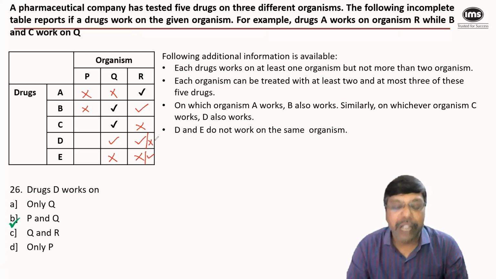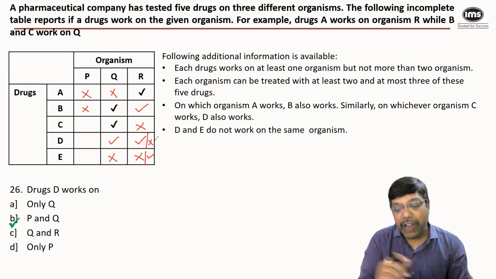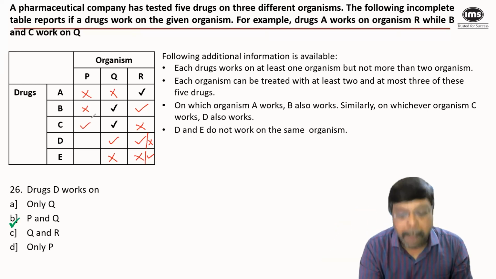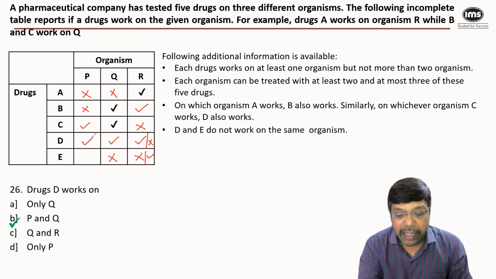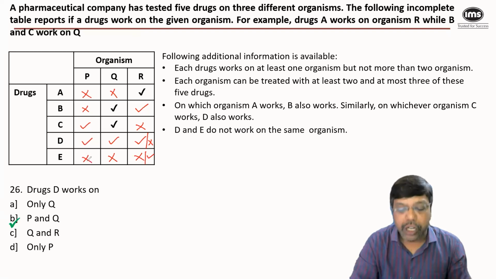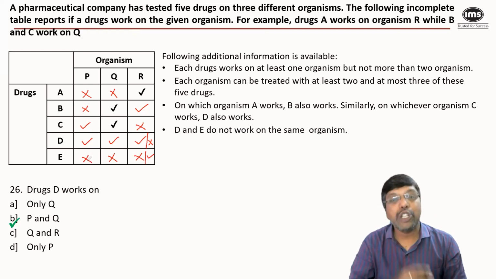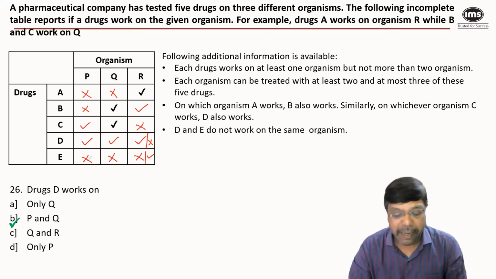We will come back to that in a while. Now, when I look at organism P, C must work, right? Now, if C works, then D must work. And D and E do not work on the same organism. Hence, E does not show any effect on P.